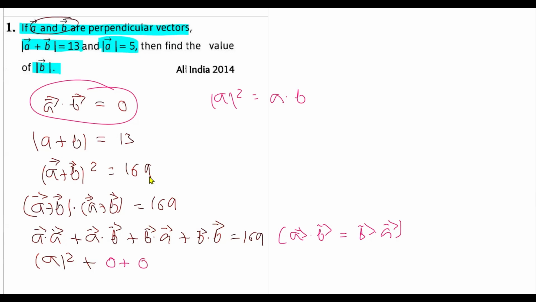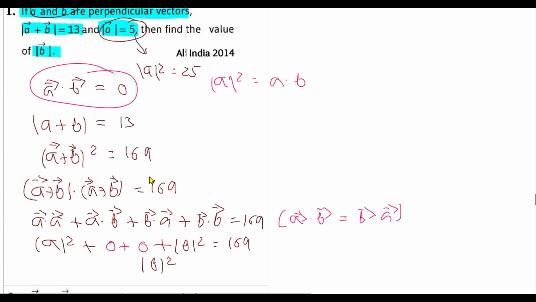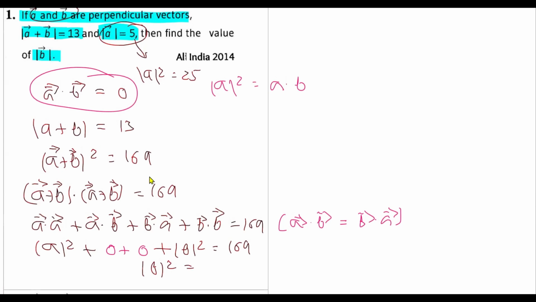Now we have A magnitude square plus B magnitude whole square, as B dot B, is equal to 169. Now we are given the value of A magnitude, right? From here you can see that A magnitude whole square can be replaced with 25. So if I have to get B magnitude whole square, it should be equal to 169 minus 25.